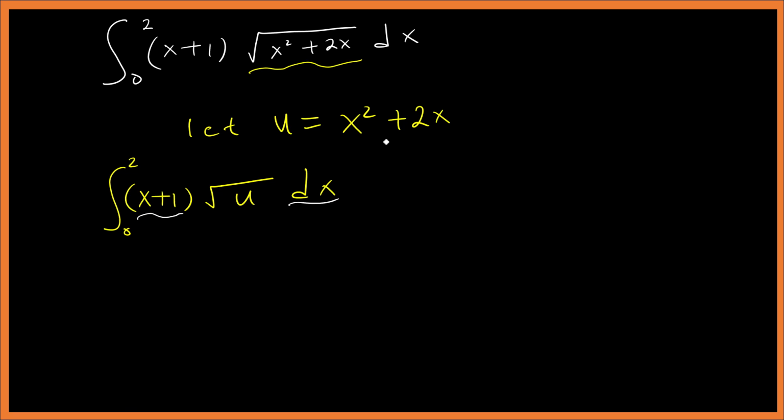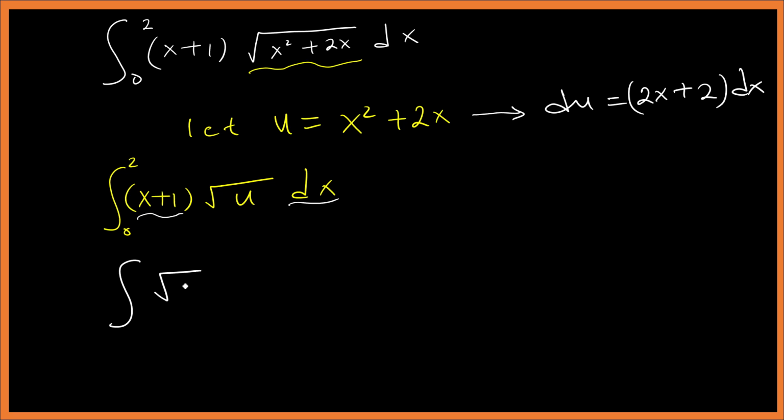If I differentiate u with respect to x, this side will be du, so it will be 2x plus 2 dx, which is the same as du over dx equals 2x plus 2. Now we can arrange this one as square root of u, x plus 1 dx.